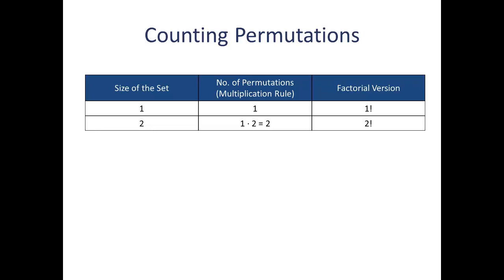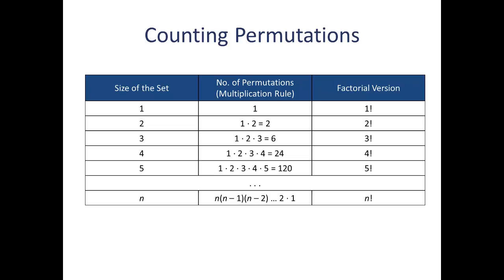which is equal to 2 factorial. If we continue this, for a set of 3 elements, there are 3 choices for the first position, 2 choices for the second, and 1 for the third, which gives us 3 times 2 times 1, or 3 factorial permutations. If we continue this reasoning, we see that a set with 4 elements has 4 factorial permutations, and a set with 5 elements has 5 factorial permutations.